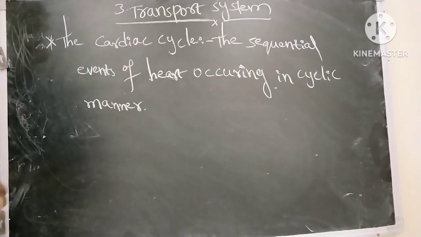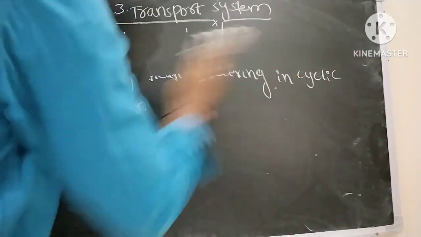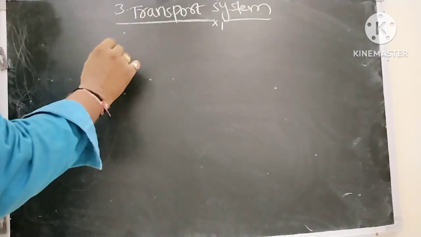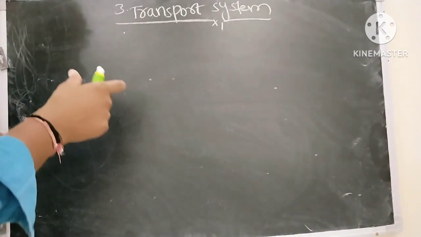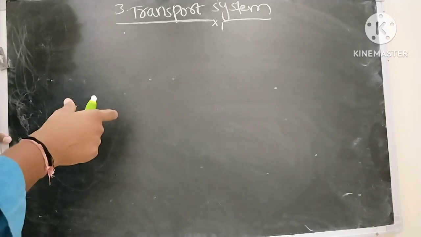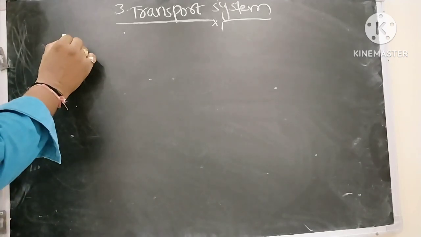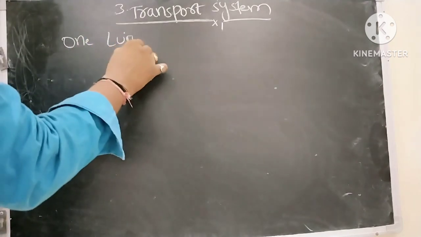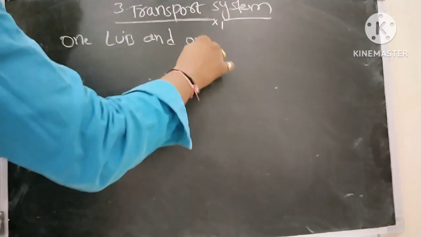Okay, so let's see how our heart makes the sound lub dub. Actually, lub dub is the sound produced by our heart with the help of cardiac muscle. What is a heartbeat?